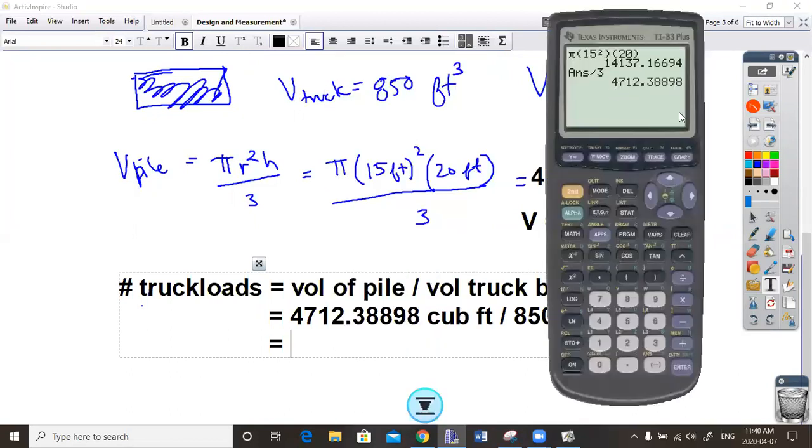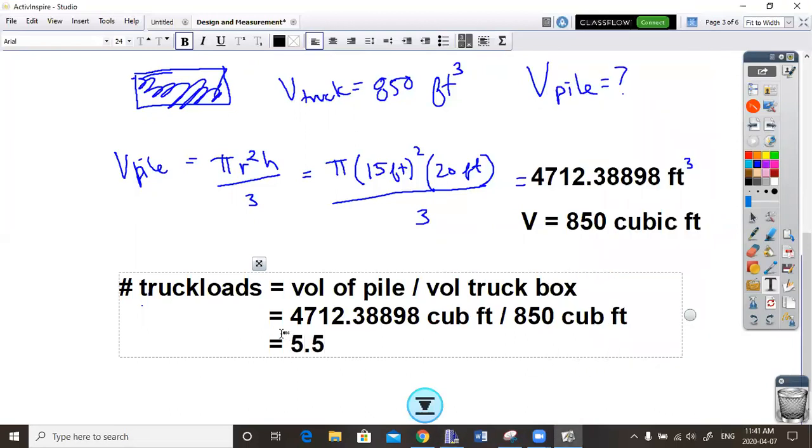That gives you 5.543987. We have to round up, so that would be 6 truckloads required.